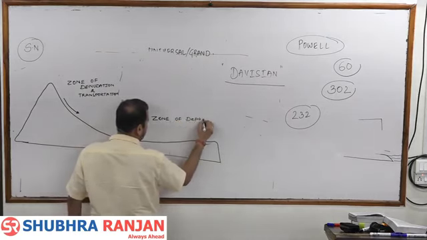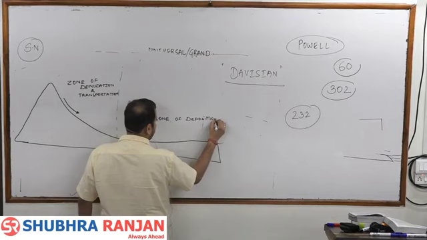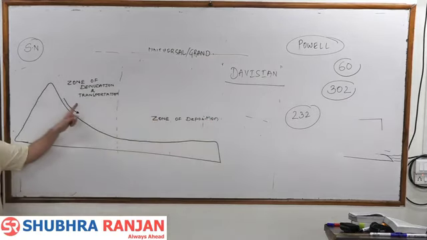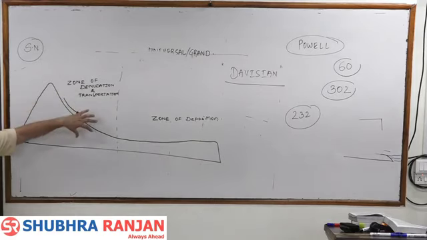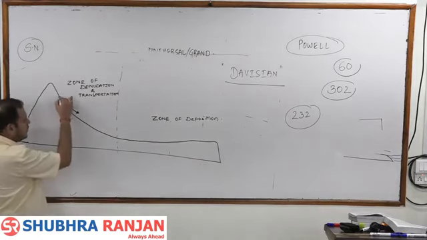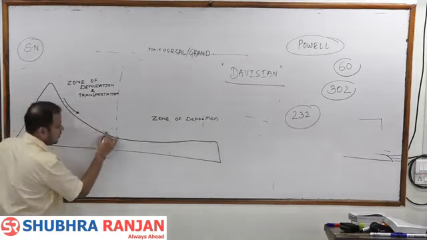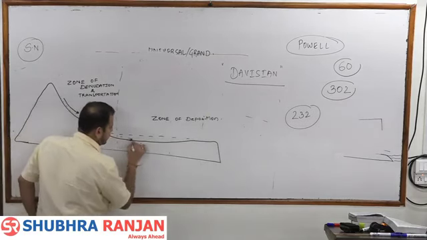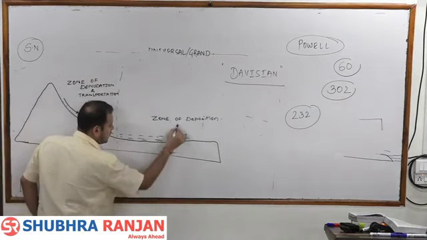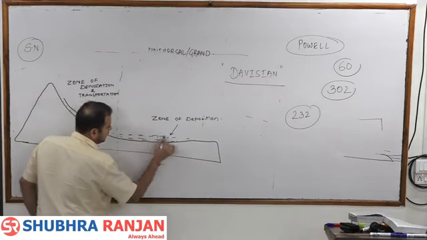Don't draw this diagram yet. I'll first explain how we are going to draw it. See, this is the zone where erosion and denudation are going to occur, but the materials will flow down due to gravity, and after flowing down, these materials will be deposited here. So over a period of time, we will call this a zone of deposition.